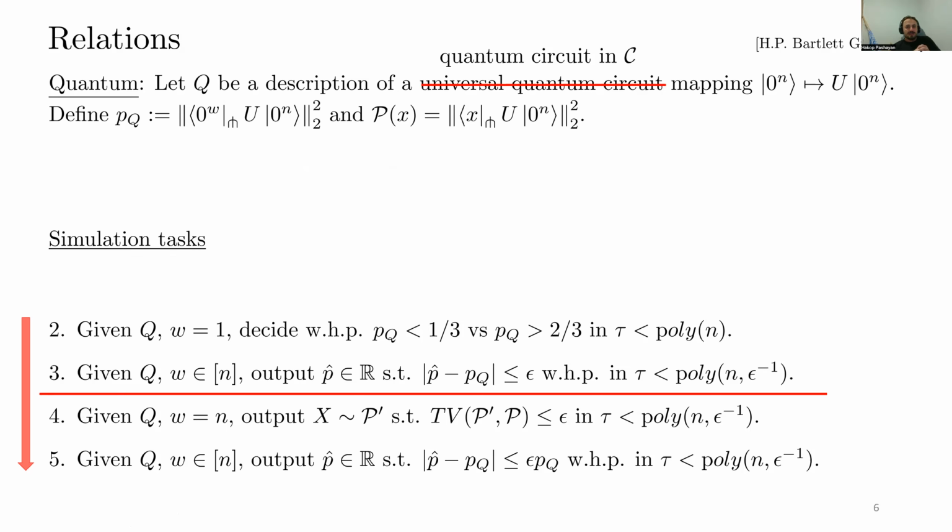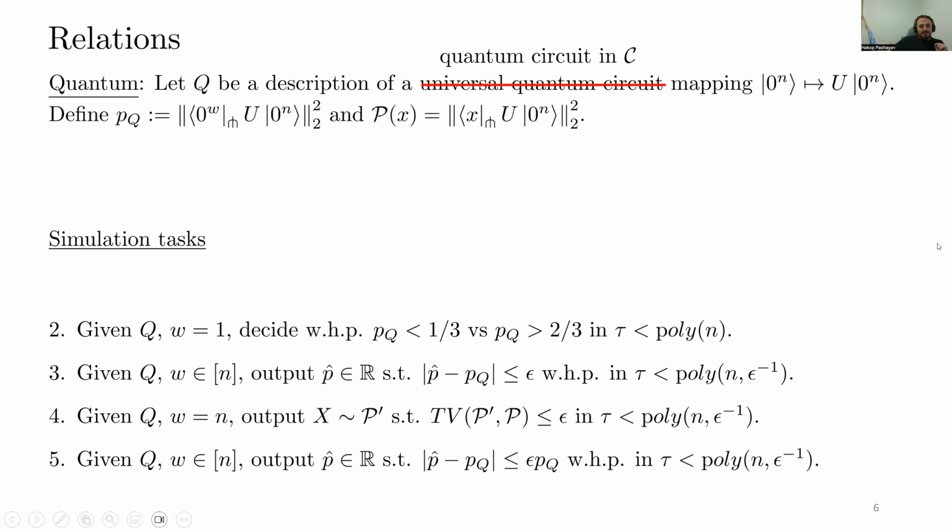So this set of circuits can be efficiently simulated classically in the sense of number 3, where you can compute all these Born probabilities to additive precision, but it's hard to classically simulate in the sense of number 4. There's always modulo some complexity theoretic assumptions, but details are in this paper.